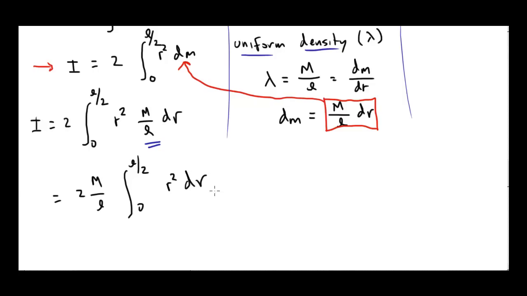So this now is going to equal 2 times M over L times r cubed over 3 evaluated now from 0 to L over 2.